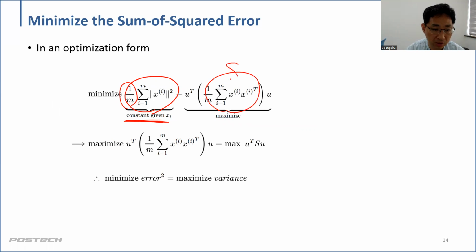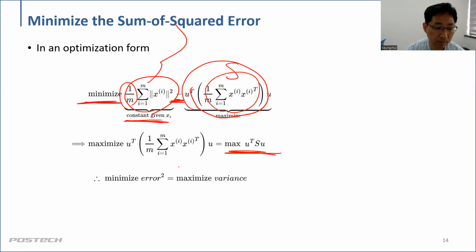This is S. We want to minimize that. Since this is constant, it doesn't matter for the optimization problem, and we have a minus on it. That means we have to maximize this term. Bingo. Minimizing the error is the same as maximizing the variance.